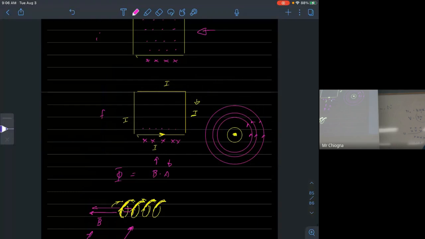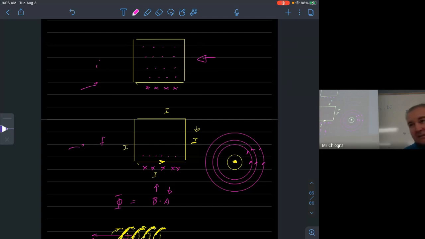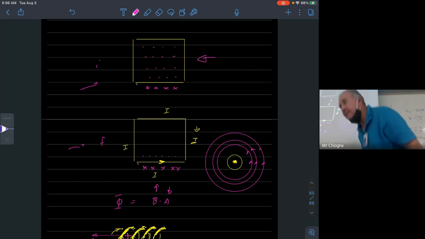If you change the flux, as we did here, you go from here to here, then momentarily, it doesn't last forever, you're going to create a current that results in a magnetic field that tries to preserve or get back to what you started with. Momentarily, it won't last. It dissipates. So if that helps.